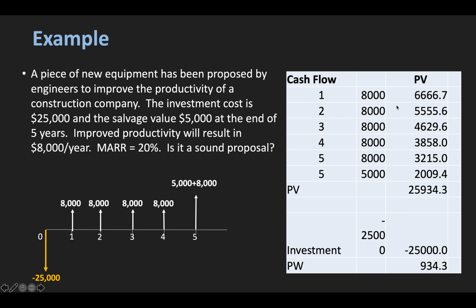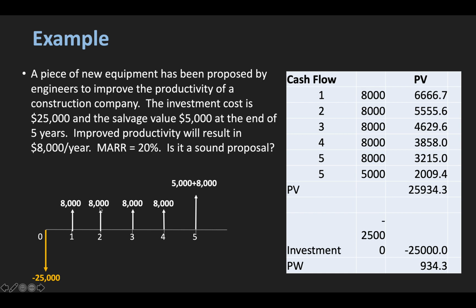That's the cash flow, right? So with this, remember, we're talking about present worth. We're using the PW method, right? So we convert all the cash flow back to the present.